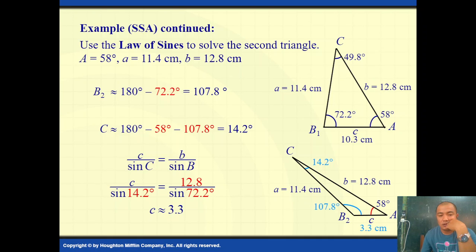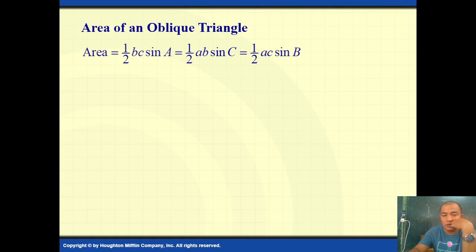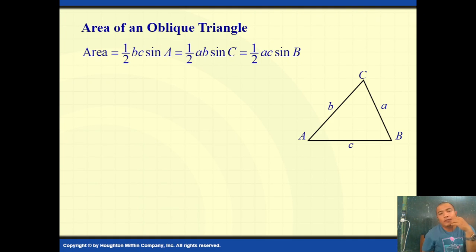You just multiply 12.8 by sine 14.2 divided by sine 72.2. Yes, we use 72.2 because that is the original measure of angle B. Right? So 3.3 cm. So how about the area of an oblique triangle?